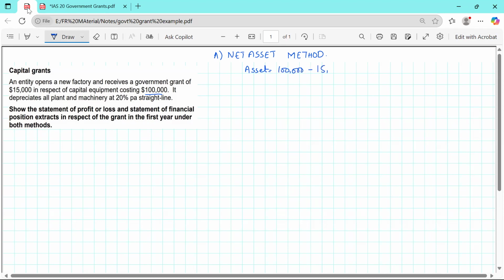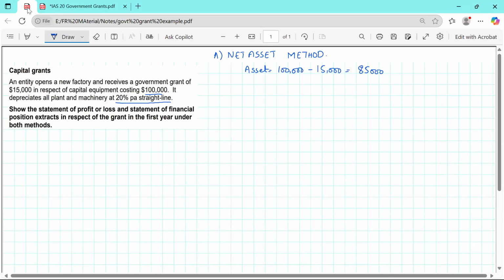So that is what the value of the asset is going to be, 85,000. Okay. Then it depreciates all plant and machinery at 20% per annum straight line. So obviously, if you purchase an asset, you have to depreciate that as well, right? And the depreciation is 20% per annum straight line, which means every year you are depreciating it by 20%.